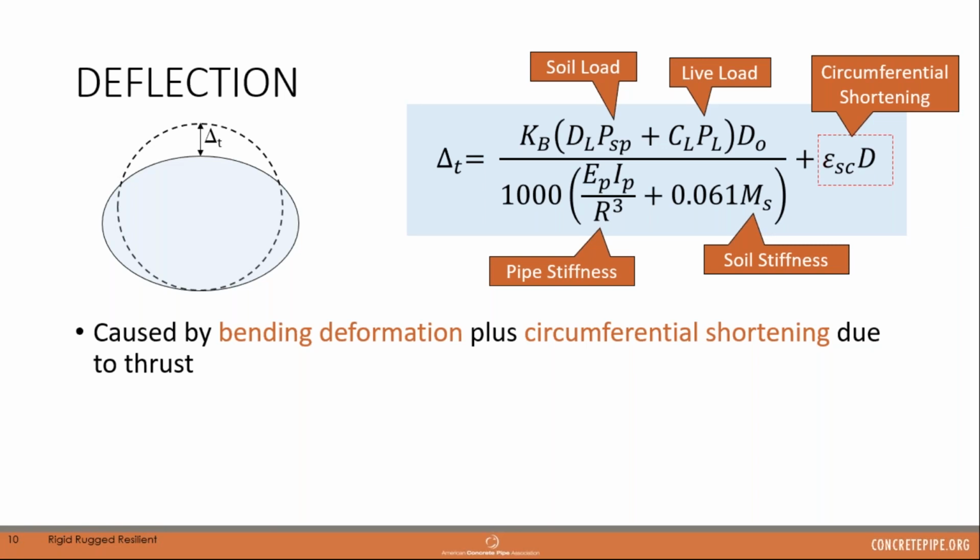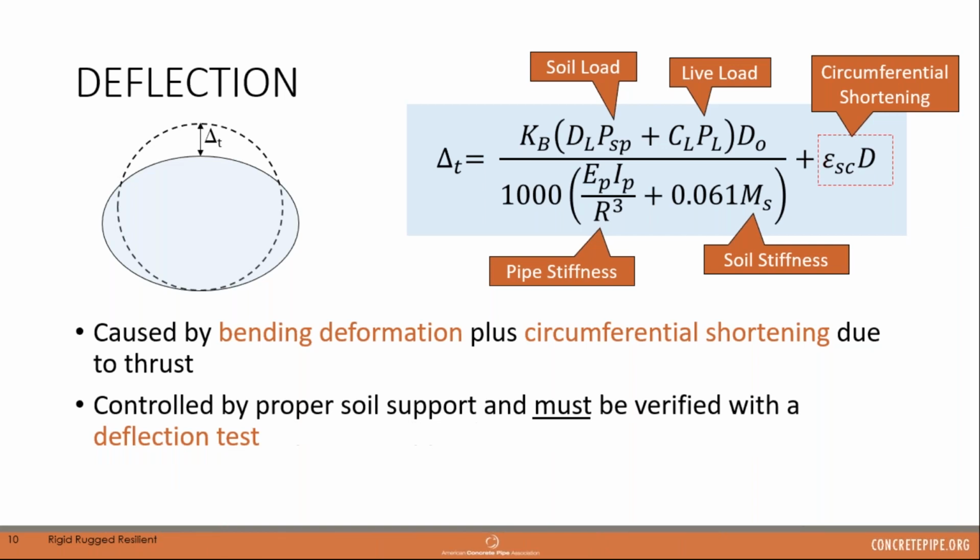So this estimated deflection needs to be checked against a maximum allowable deflection, and AASHTO includes that maximum deflection limit; most people will say 5% is generally appropriate for just about every plastic pipe. The actual deflection a pipe experiences is going to be controlled by proper construction in the field.